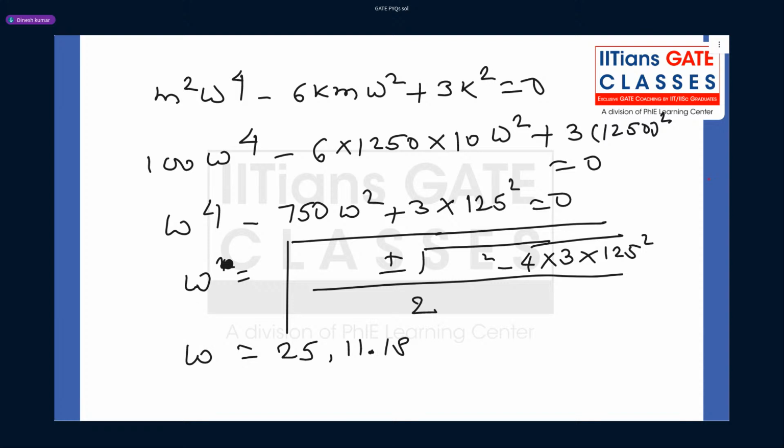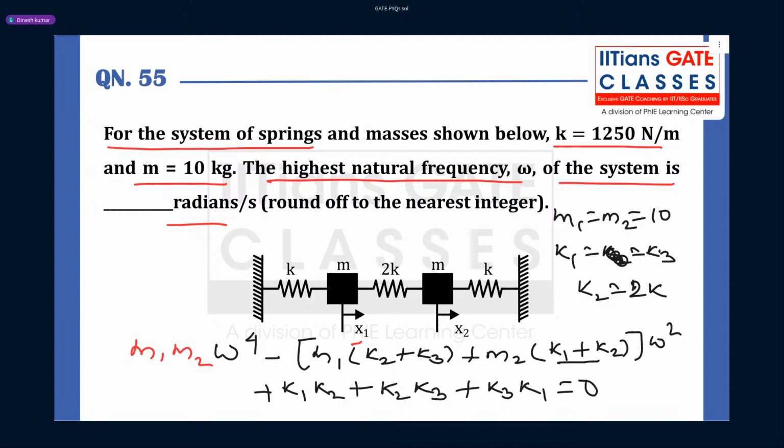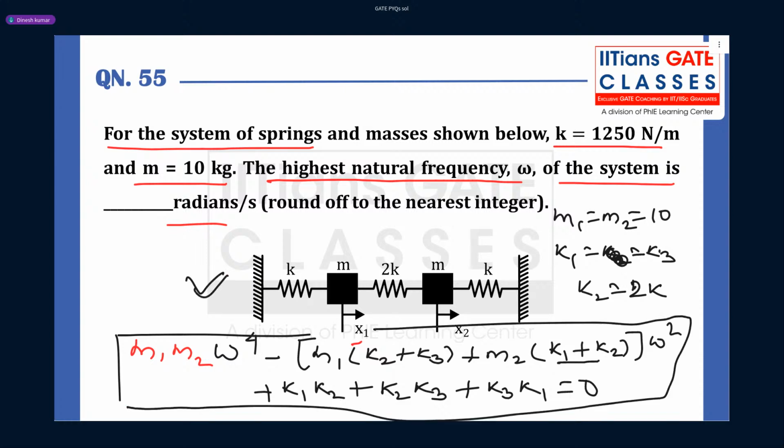So what it is? It is 750 plus minus, it is 750 square. And it won't be 3k square. So it will be how much? No, no, it will change for different systems. This equation is same. This is same for any 2 degree of freedom system given in this format.